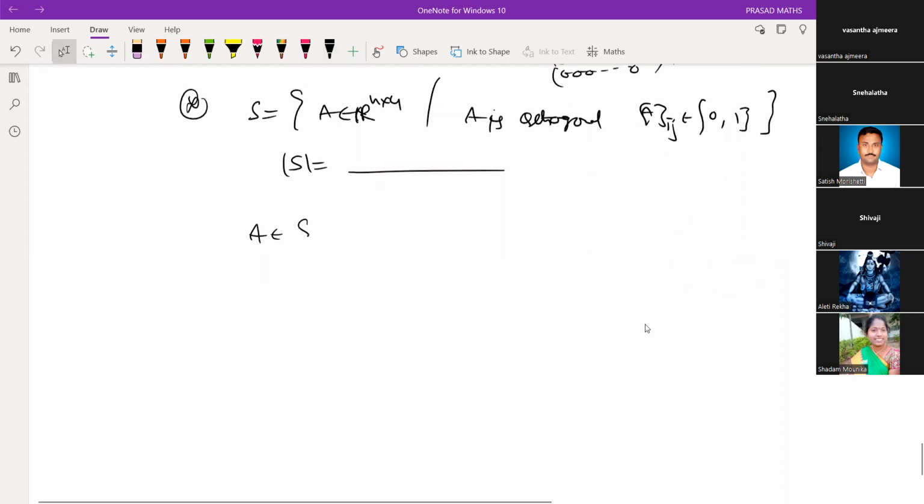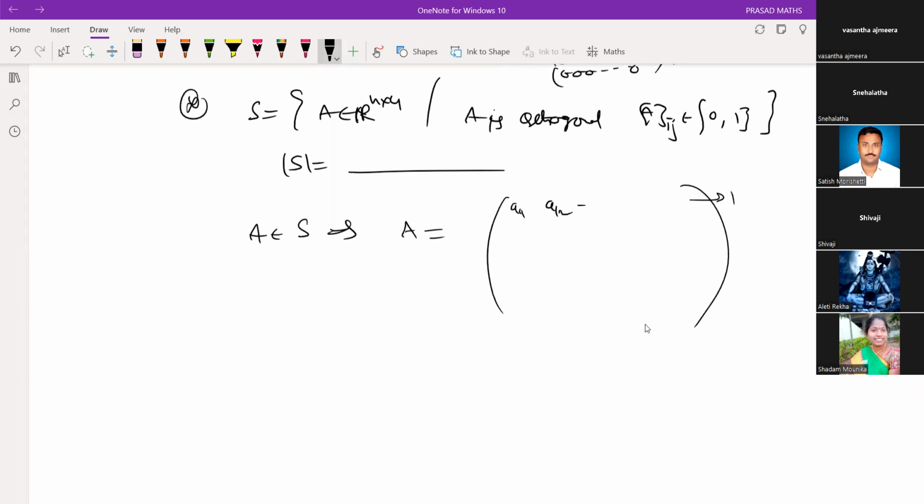Suppose you take any matrix in S. That should be an orthogonal matrix. Right? Now my question: what are the entries of this? This is my first row. This is the 1,1 entry, this is the 1,2 entry, this is the 1,n entry.